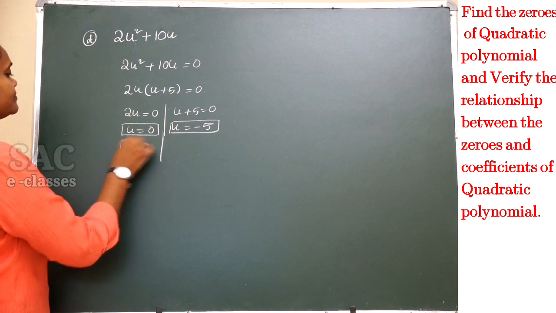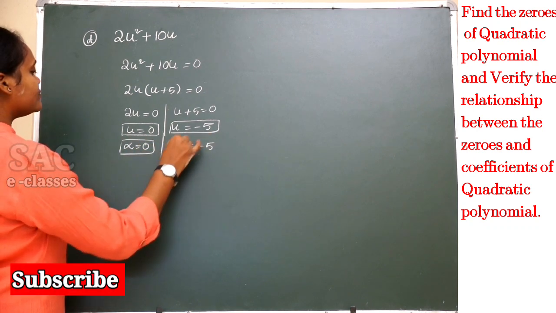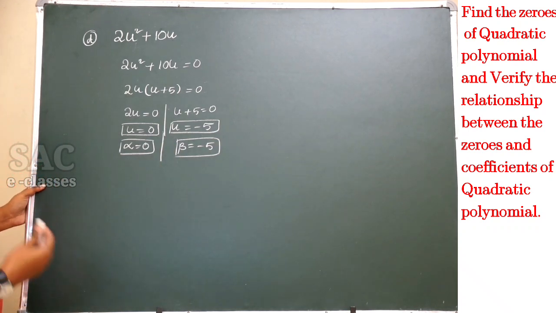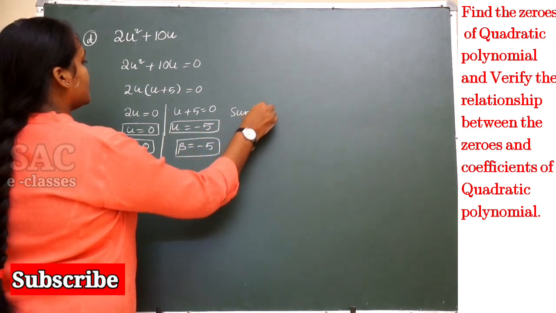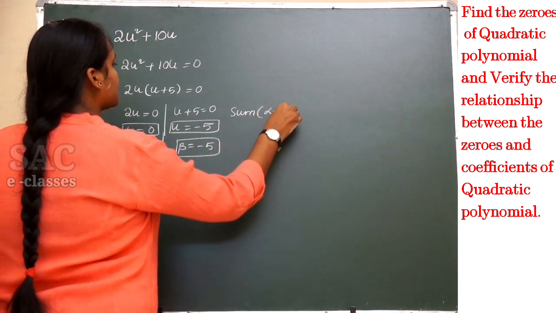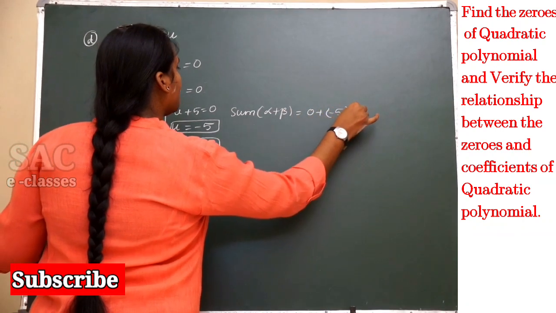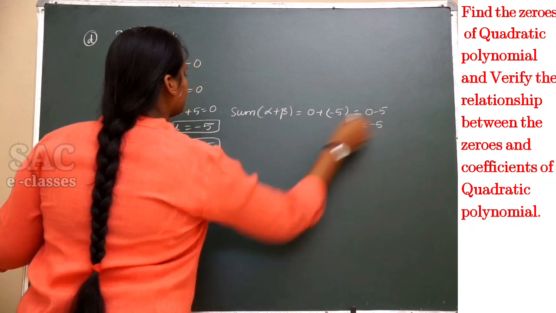Alpha is 0, where beta is equal to minus 5. After finding the alpha and beta values, at first we will find the sum. Sum of the roots, alpha plus beta, is equal to 0 plus minus 5, nothing but minus 5.